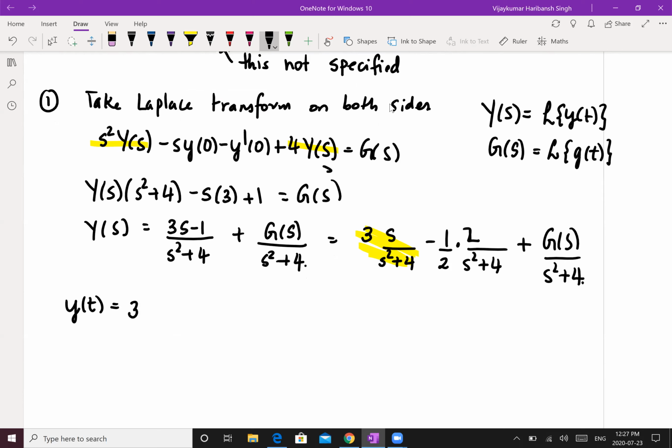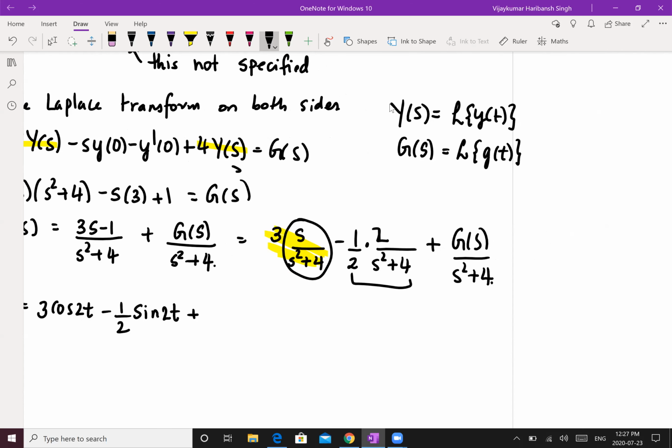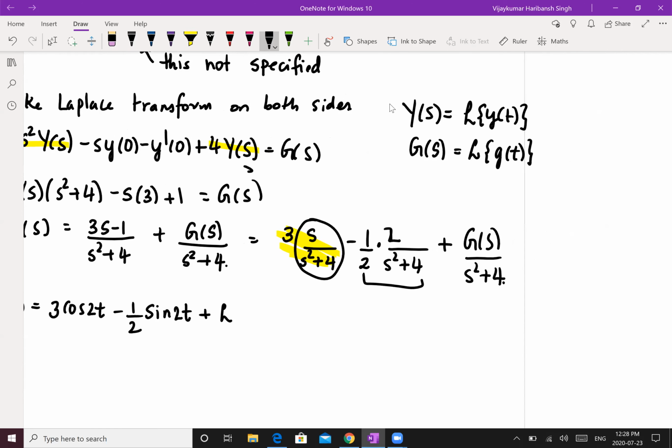That is 3 times cos of 2t. The Laplace inverse of the next part is minus half sine of 2t, plus, now, what about g of s? So the Laplace inverse of g of s upon s square plus 4.